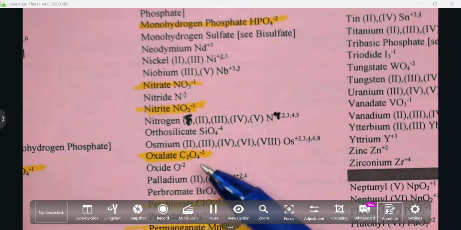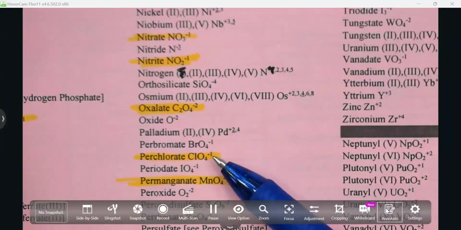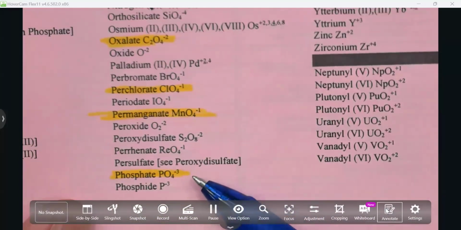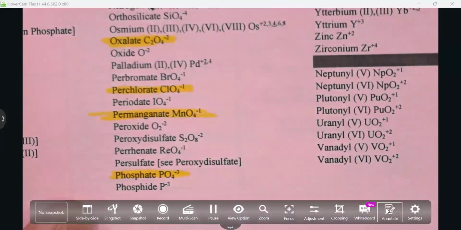All right, oxalate, perchlorate, permanganate, and then phosphate. Oxalate, perchlorate, permanganate, phosphate.